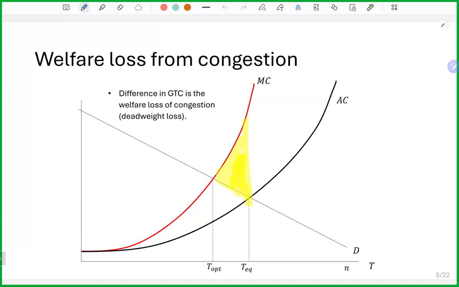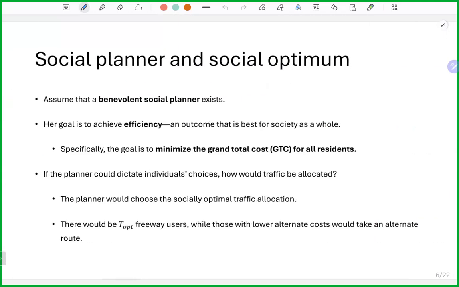It would not be a problem if we have a social planner, like the North Korean leader, or the king in the Joseon Dynasty. Okay, so that person is called a social planner. And then we have to assume that the planner is benevolent, meaning that he cares about the welfare of the society, not about the welfare of himself and his family.